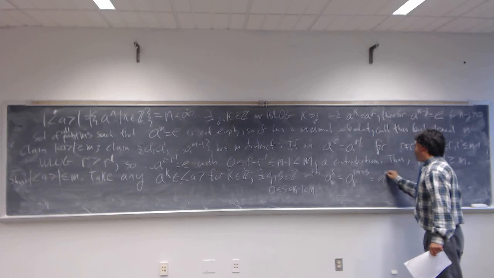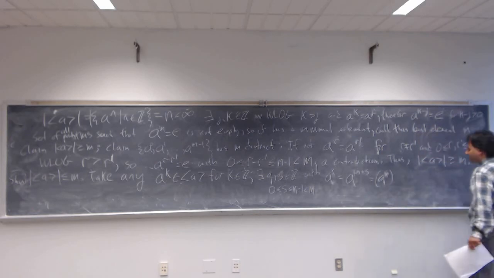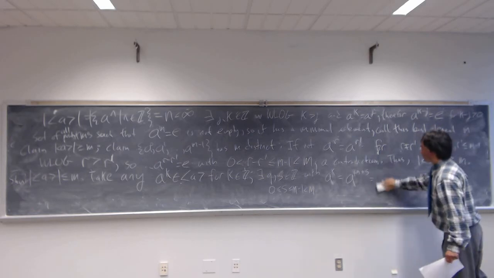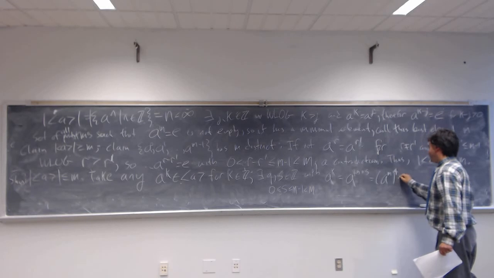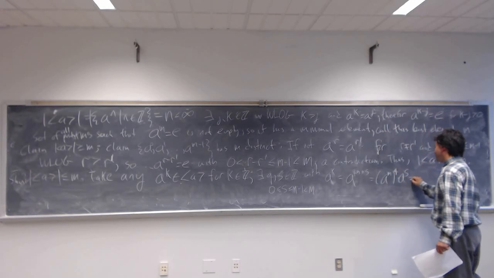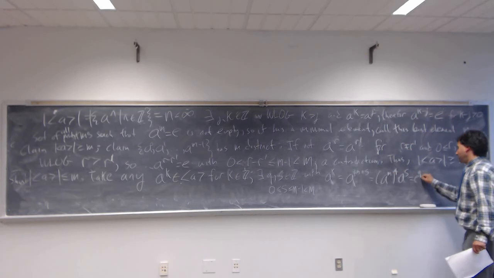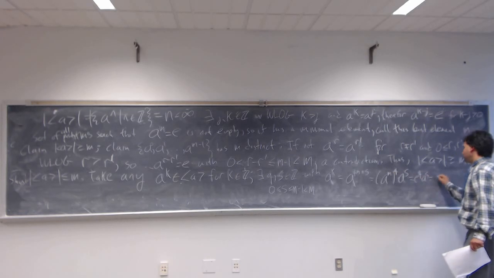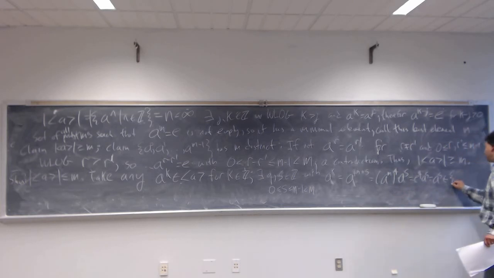And then by properties of the exponents, this is just going to be a to the m raised to the q times a to the s. But a to the m is just the identity, so the identity to the q times a to the s is just a to the s, and s is between 0 and m minus 1, so it's certainly in this set.